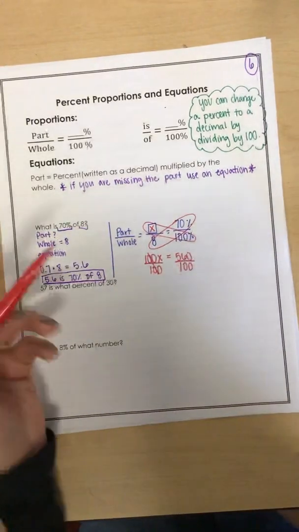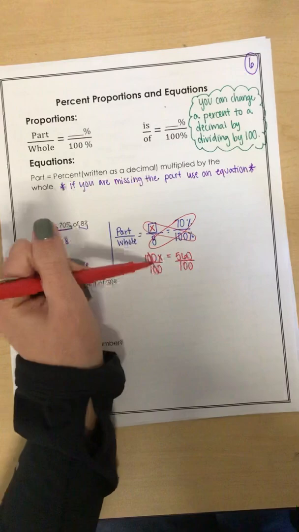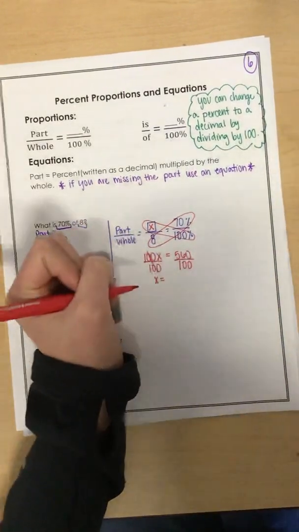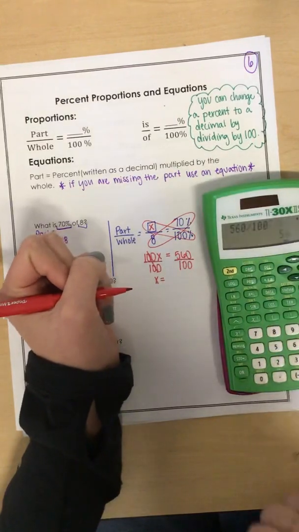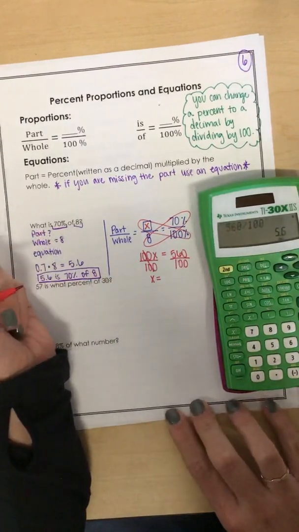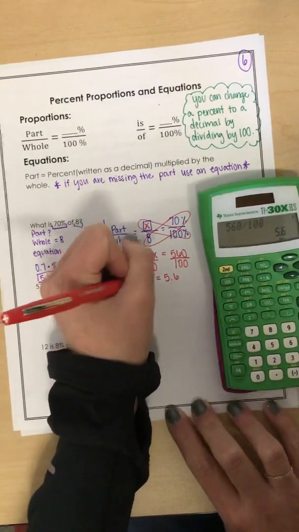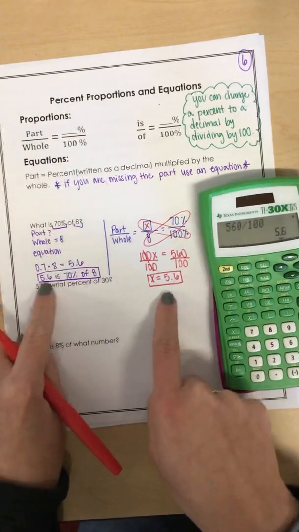So when we divide on both sides, this cancels. So we're left with x equals 560 divided by 100. And when you do that, you get 5 and 6/10. And that's our part. That's what we're missing. And that's what we got over here.